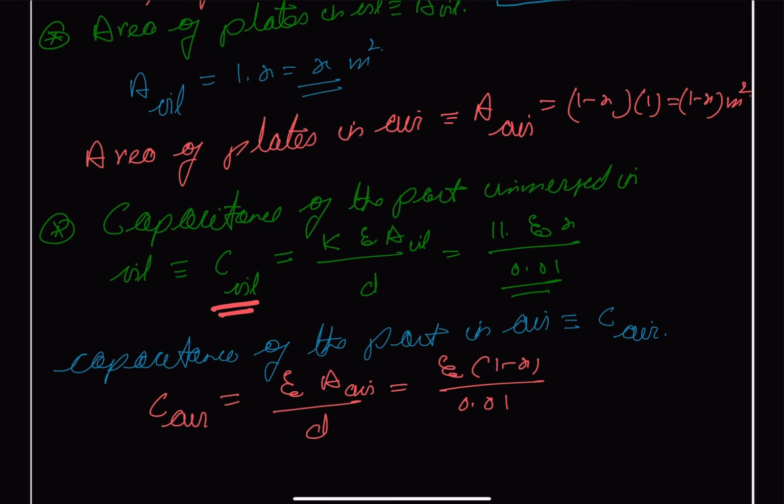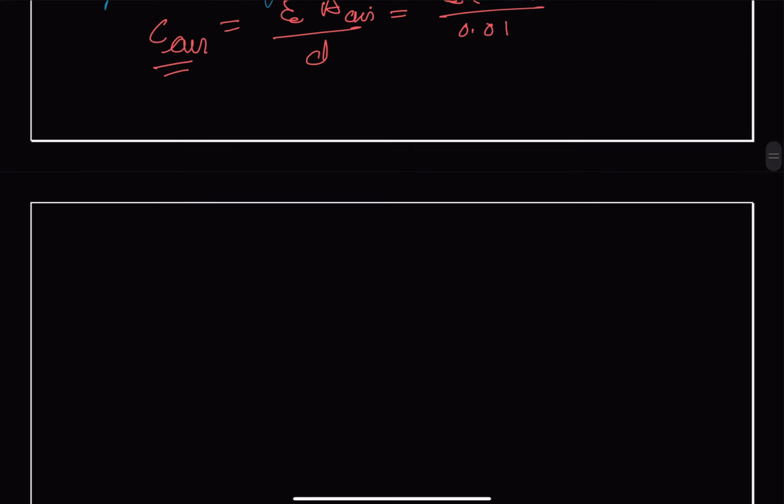And the total capacitance: C oil and C air both are in parallel. Therefore, we can say that the total capacitance C will be equal to C of oil plus C of air.